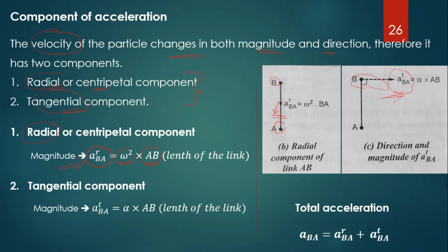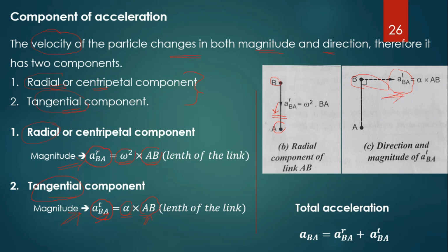This is the formula: the acceleration of the tangential component of BA is equal to alpha into AB, the length of the link AB. Alpha is the angular acceleration of the corresponding link.